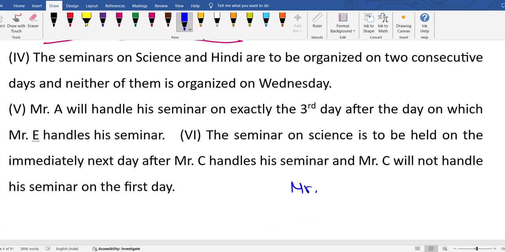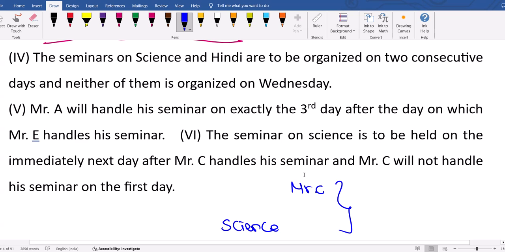After Mr. C, the seminar on science is to be held on the immediately next day. So science is immediately after this. But C is not on the first day. But science after what is required? Hindi science or science Hindi, two things. C will not handle. Okay, fine.